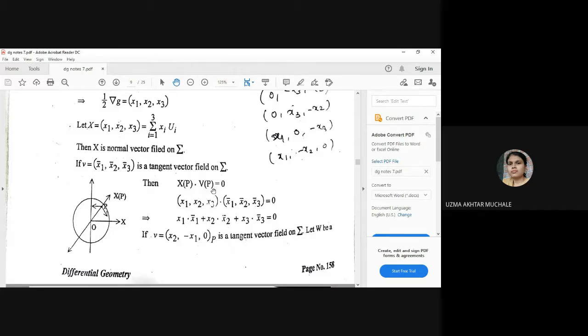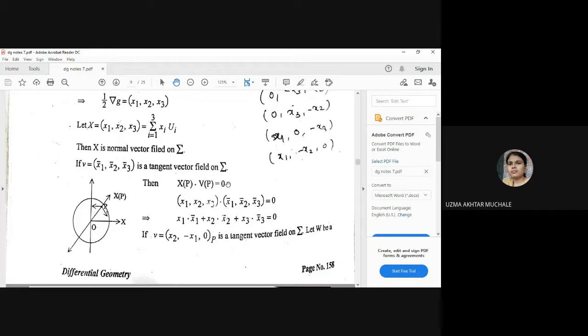As I already told you how to evaluate the dot product of any two vectors: if it is a1, a2, a3 and b1, b2, b3, the dot product will be a1 b1 plus a2 b2 plus a3 b3, equal to 0. Why is it equal to 0? Because if one is a normal and this is a vector v, what is the relation between tangent and normal?